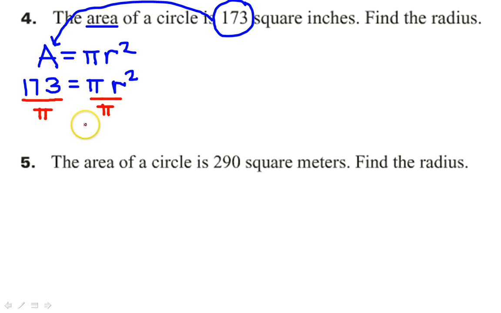Just leave it as 173 over pi for a moment. So at this point we have r squared equals 173 over pi. Now, how do I unsquare things? Now we take the square root, yes?